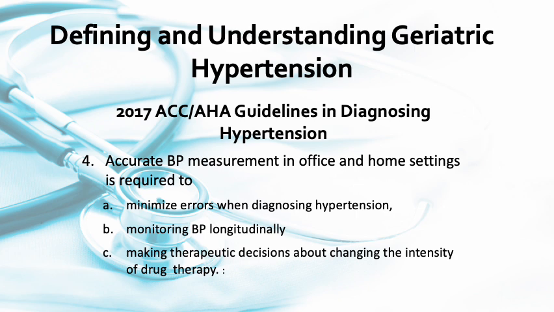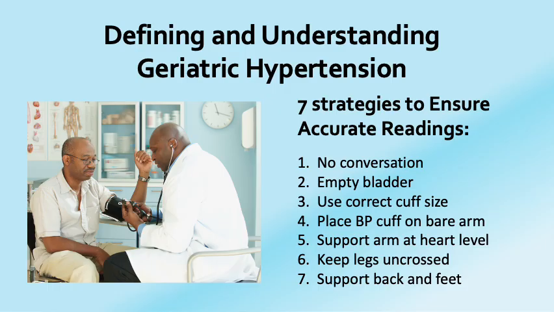Accurate blood pressure measurements in office and home settings is required to minimize errors when diagnosing hypertension, monitoring blood pressure longitudinally, and making therapeutic decisions about changing the intensity of drug therapy. The guideline provides 7 strategies to ensure accurate readings. 1.